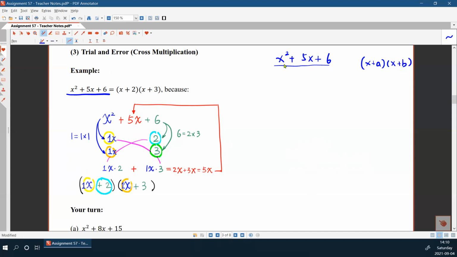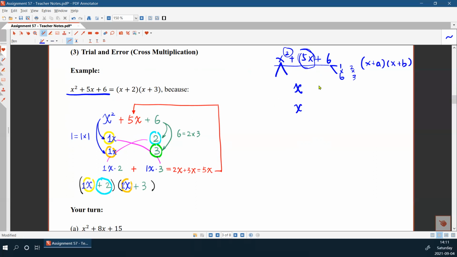So you need to ensure that the first term with the highest order, x squared, can be factored to x times x, right? And 6 can be factored to 1 and 6 or 2 by 3. In order to have a 5x here, we need to do a trial and error.